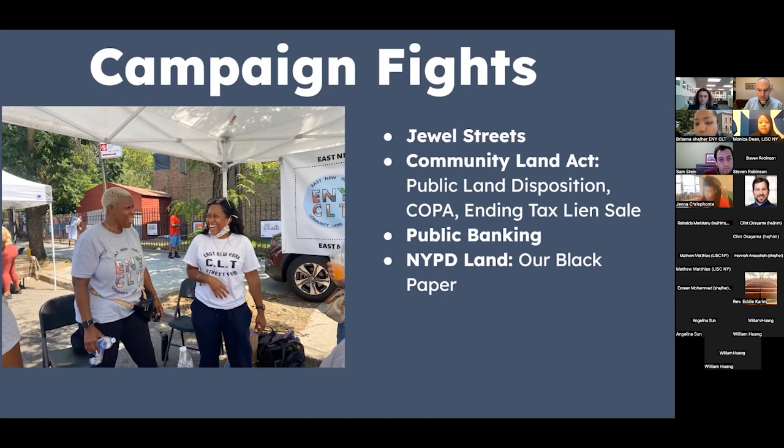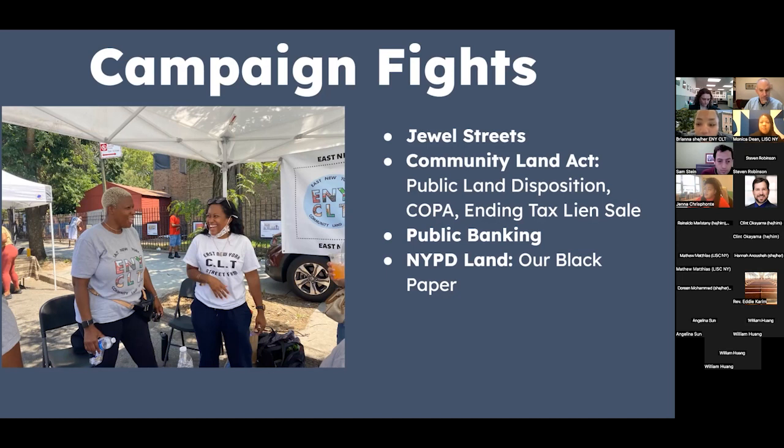We're also working on COPA, the Community Opportunity to Purchase Act, which would prioritize CLTs and nonprofit developers in the selling of private land. Public land disposition would prioritize CLTs and nonprofits in the RFPs of publicly owned lots.